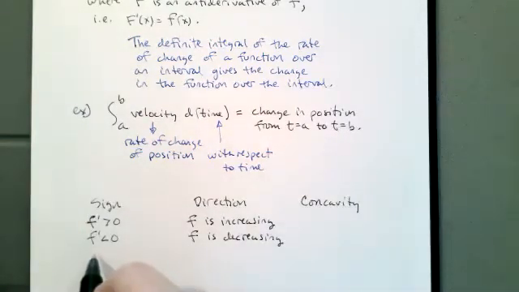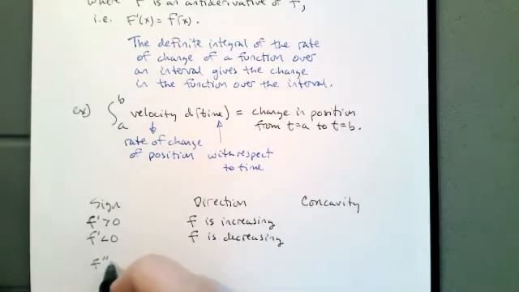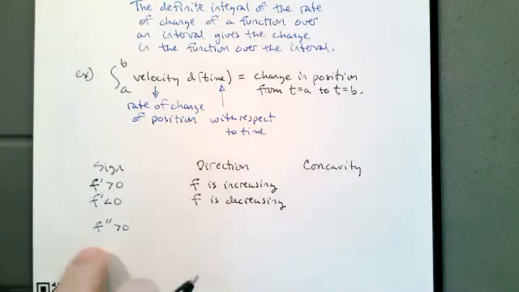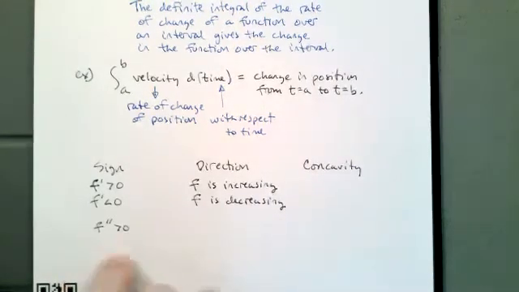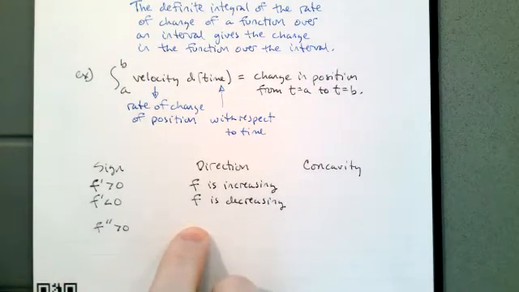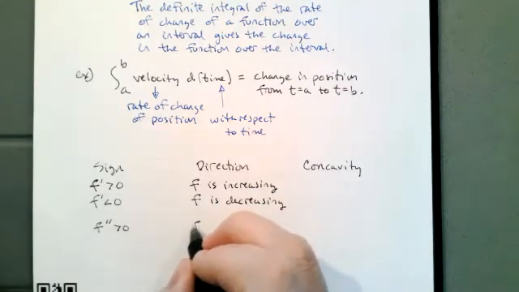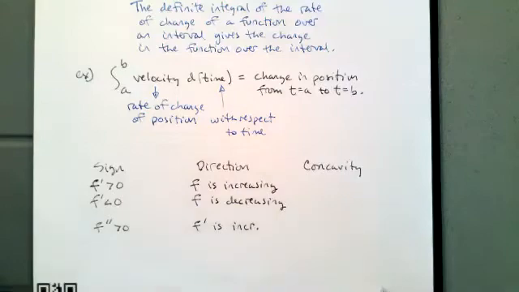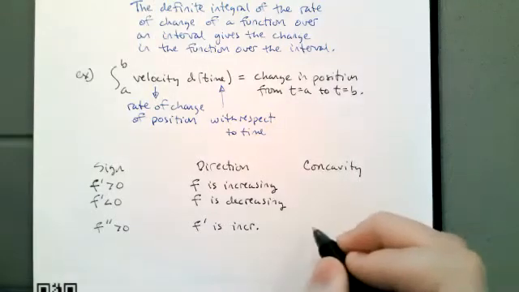If we add to this, if we look at the sign of the second derivative, the second derivative is just the first derivative of the first derivative. So if the second derivative is positive, that means the first derivative is increasing. And if the second derivative is positive, that means the function is concave up.